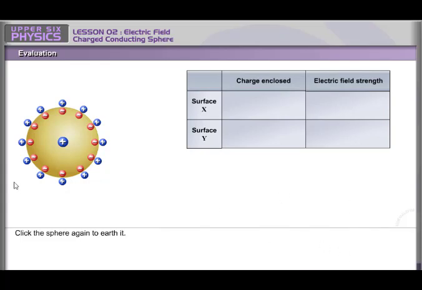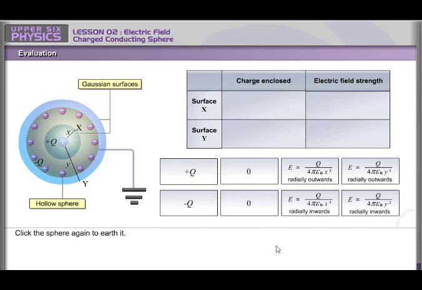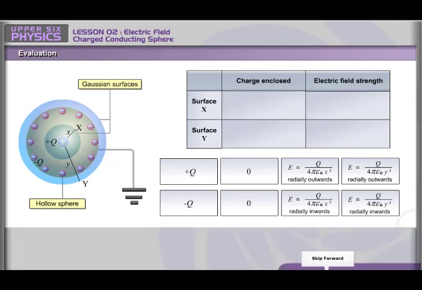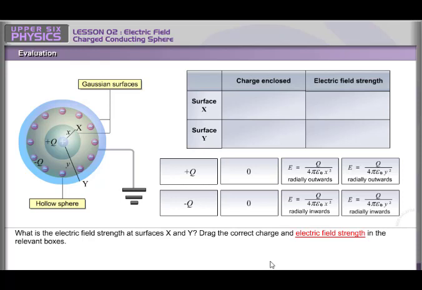Click the sphere again to earth it. What is the electric field strength at surfaces X and Y? Drag the correct charge and electric field strength into the relevant boxes.